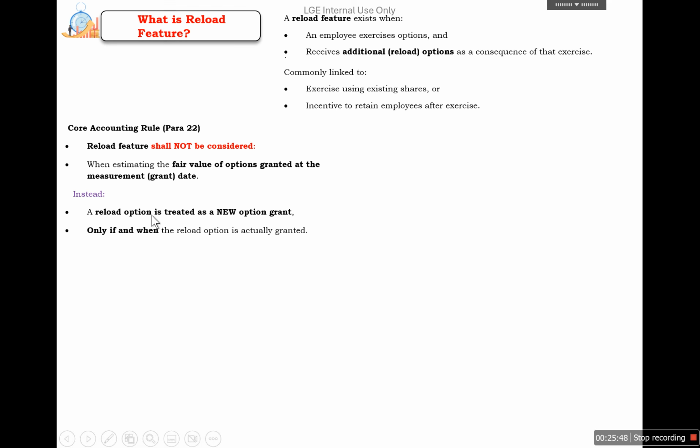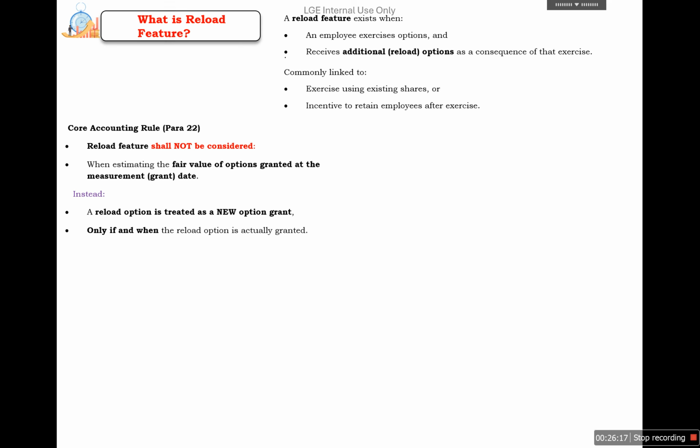But the reload feature is treated as a new option only if and when the reload option is actually granted. So when the reload option is granted, it will not be considered for the accounting earlier, but it will be considered for accounting at the time when the reload feature is actually exercised.